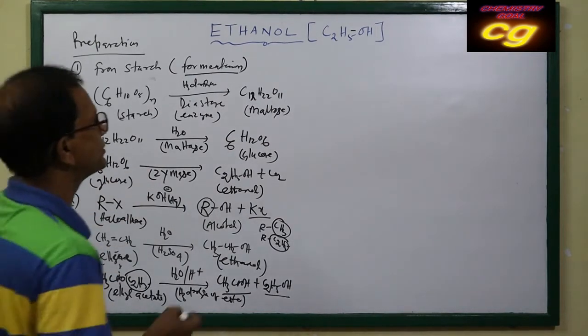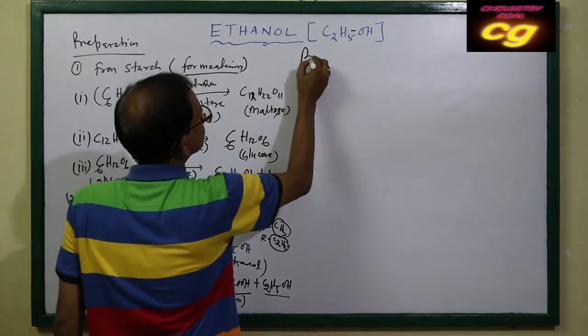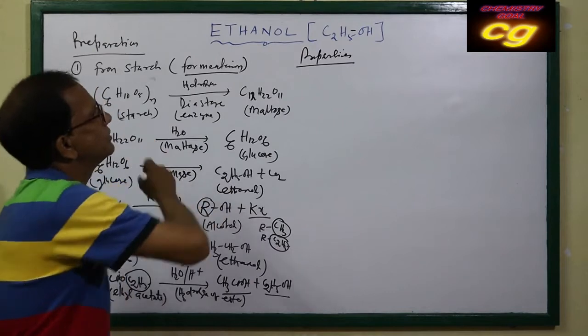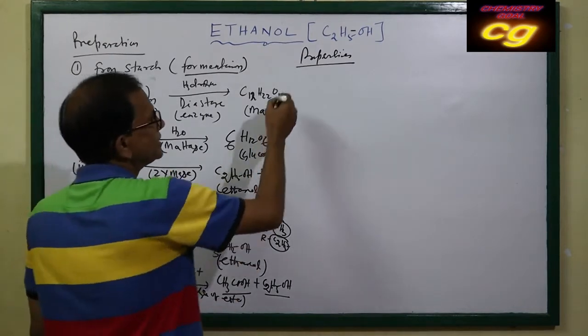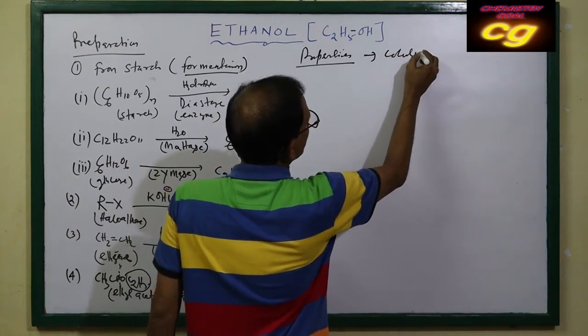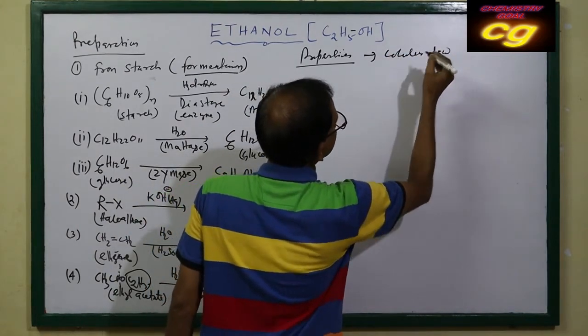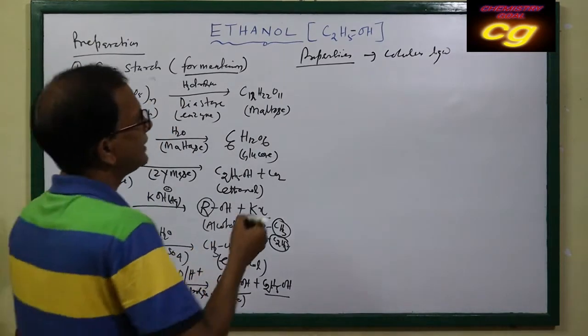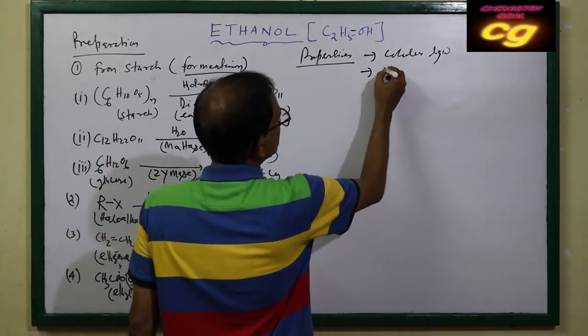Then what are the properties? Ethanol is generally a colorless liquid, volatile in nature, and water soluble.